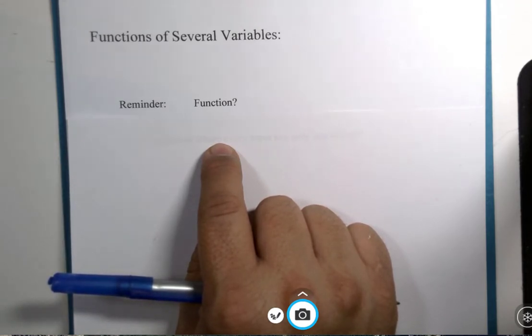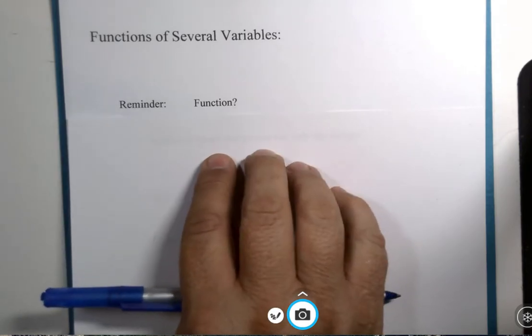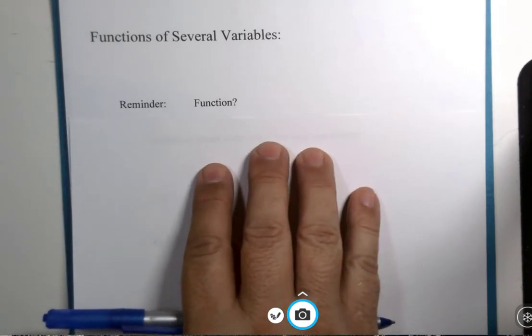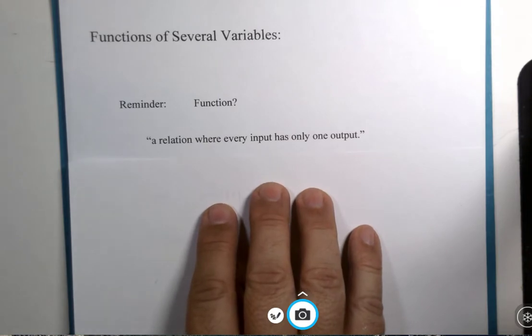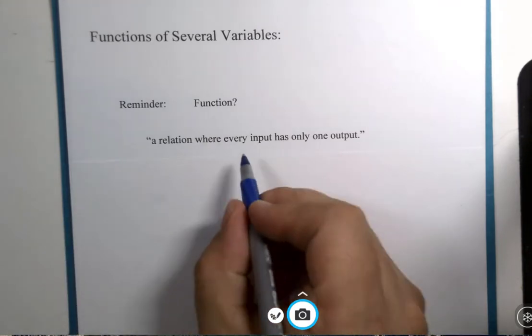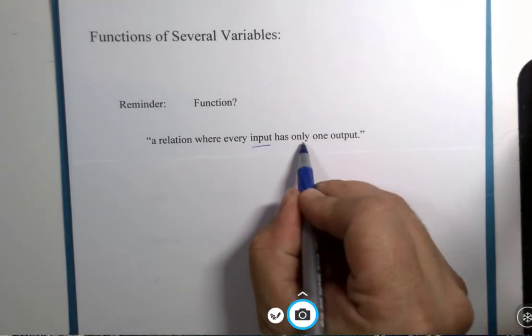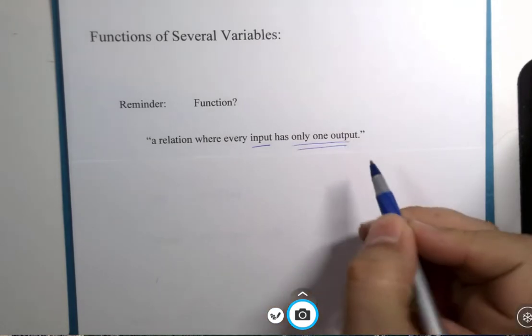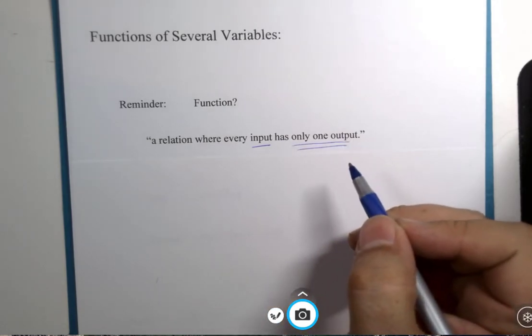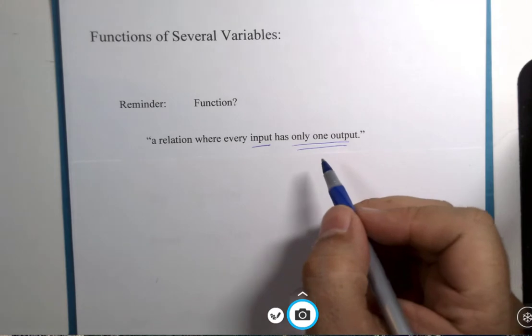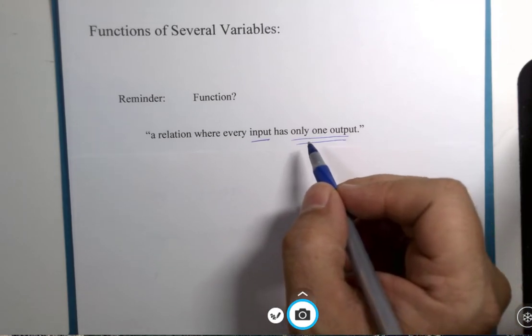In fact, I would suggest you may not use it at all, or very seldomly, depending on the situation. But the basic concept of a function is where you put something in, you only have one output that comes out. When you put something in, you only have one output that comes out.